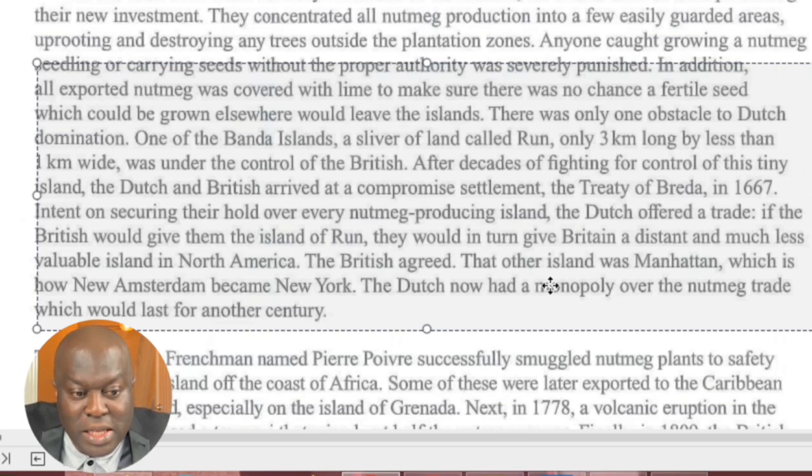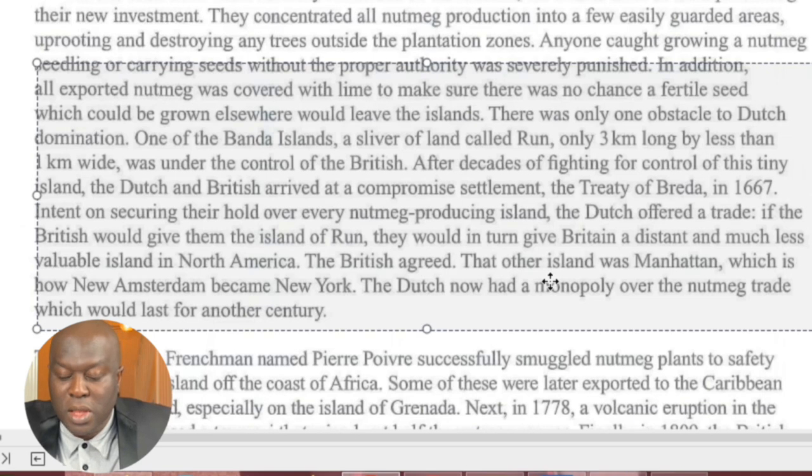Intent on securing their hold over every nutmeg producing island, the Dutch offered a trade. If the British would give them the island of Run, they would in turn give Britain a distant and much less valuable island in North America. The British agreed.